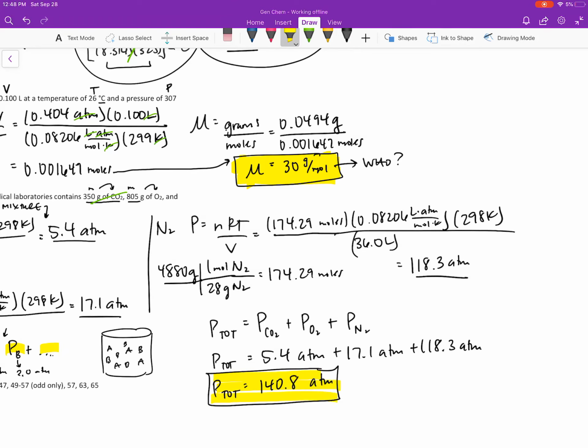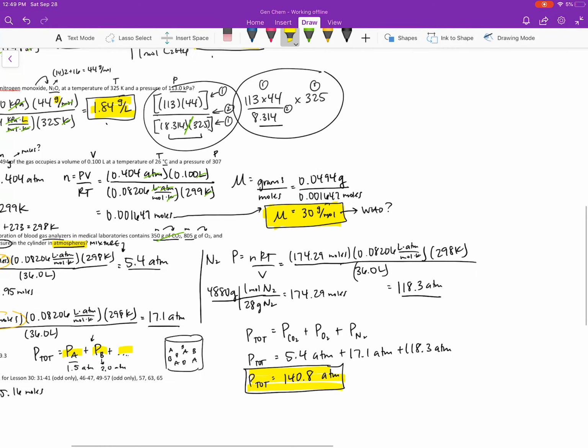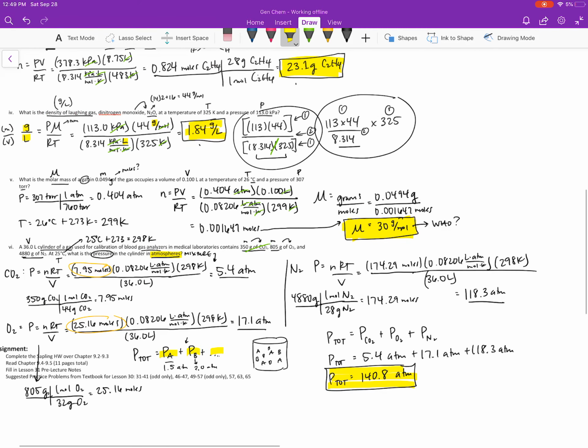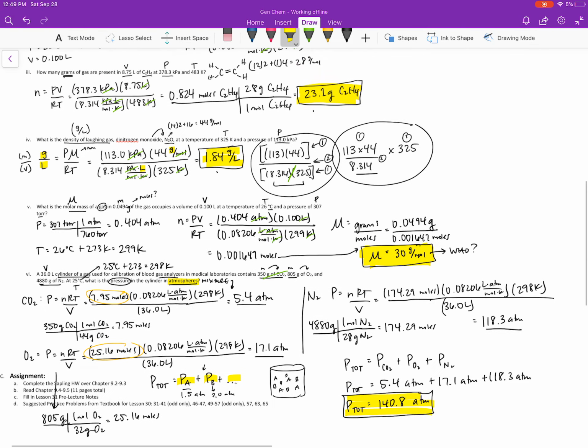Okay. Sapling will have you walk through several of these problems. Not several, I think maybe two. It's going to ask you some conceptual information about what Dalton's partial pressure law is.